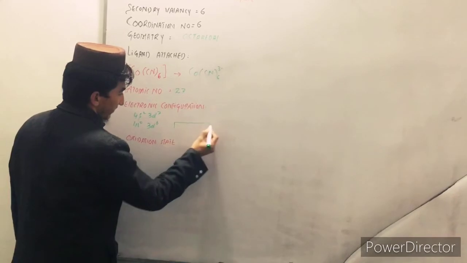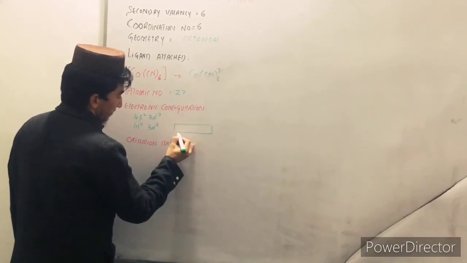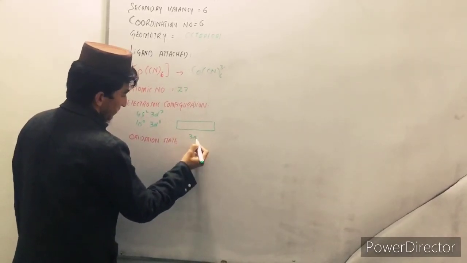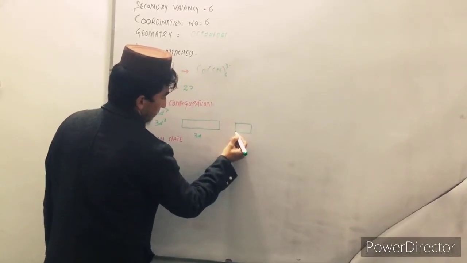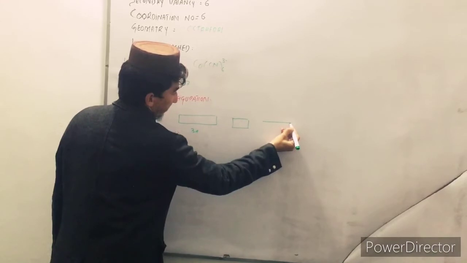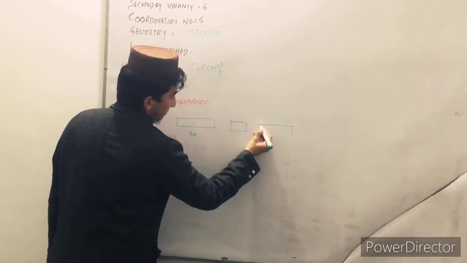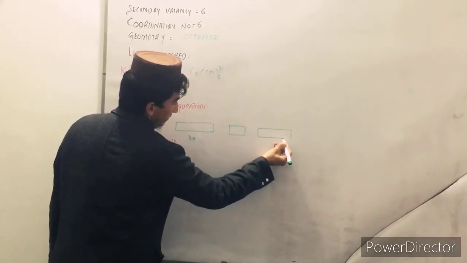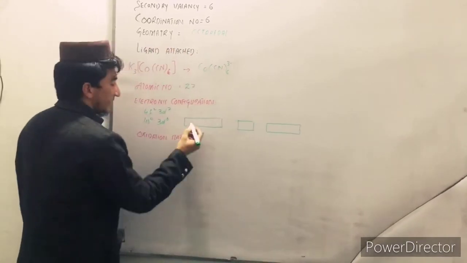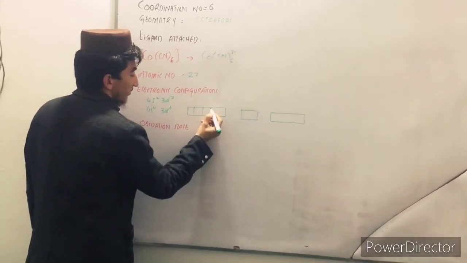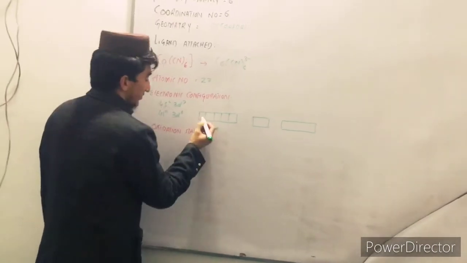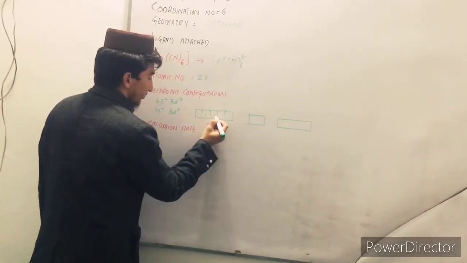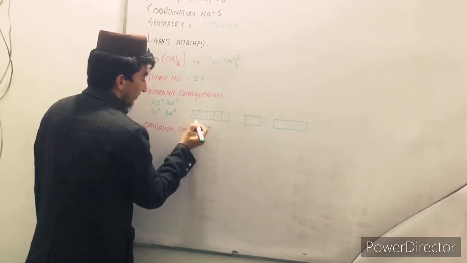Now you can see this electronic configuration: this is the 3d, and there is the 4s, and there is the 4p. You know very well that d has 5 orbitals, 1, 2, 3, 4, 5, and these electrons are filled in the degenerate system, 1, 2, 3, 4, 5, and 6.